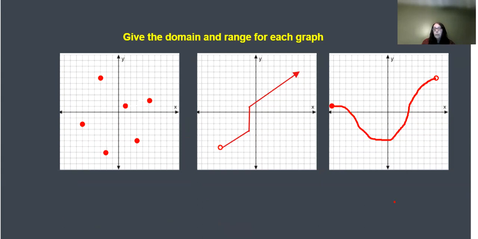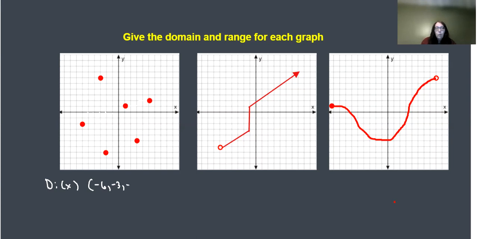So when you have a discrete graph, you've got to list the x coordinates and list the y coordinates for the domain and range. So my domain are my x coordinates. So let's take a look here. 1, 2, 3, 4, 5, 6, -6. Let's try to do them in order. 1, 2, 3, -3, -1, -2.